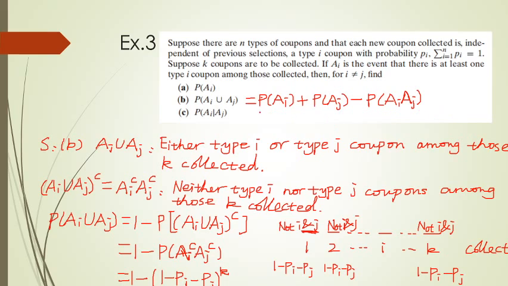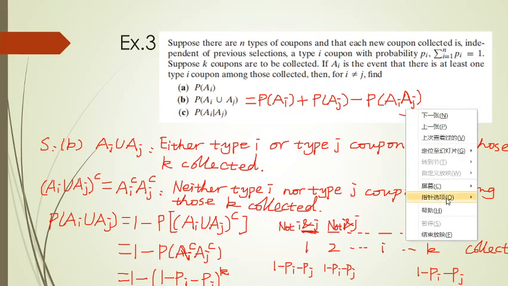So we know how to find the probability of AI and the probability of AJ, right? These two parts are easy according to part A. But what does this one mean? This means the type I coupon is collected and the type J coupon is collected, right?